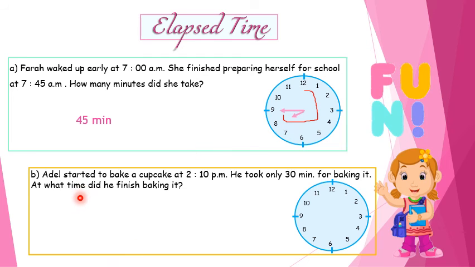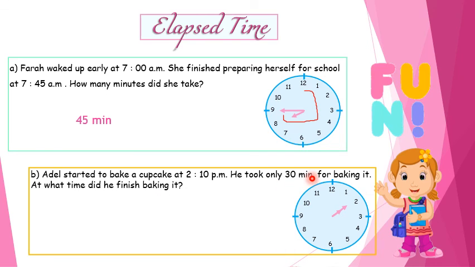The next question we have: Adil started to bake a cupcake at 2:10 p.m. So the clock was like this. It's 2 o'clock and 10 minutes. It took only 30 minutes for him to bake it. When he finished, what was the clock like?